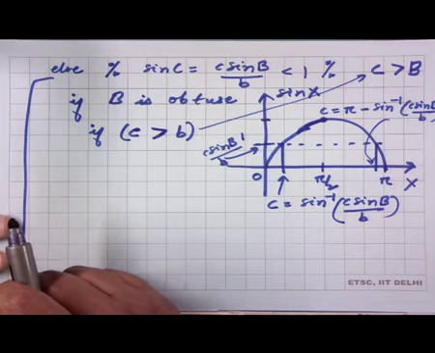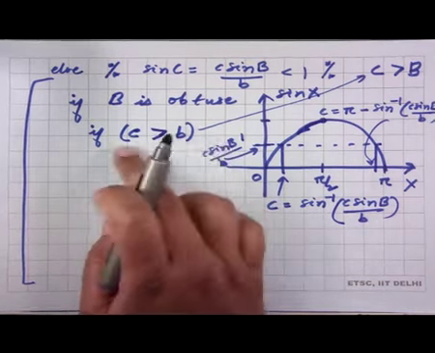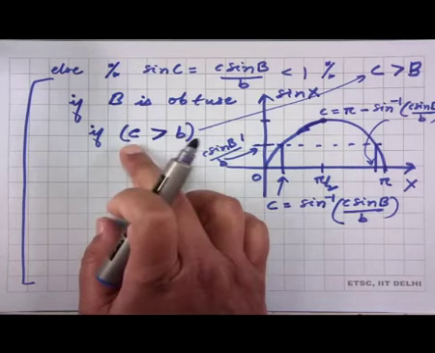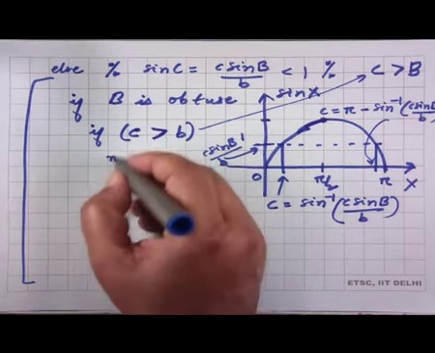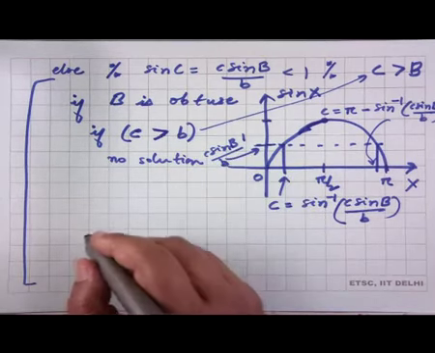But we know that two angles in a triangle cannot be obtuse, and therefore, if the values of C and B given to us satisfy this condition, then no triangle is possible. That is, no solution.